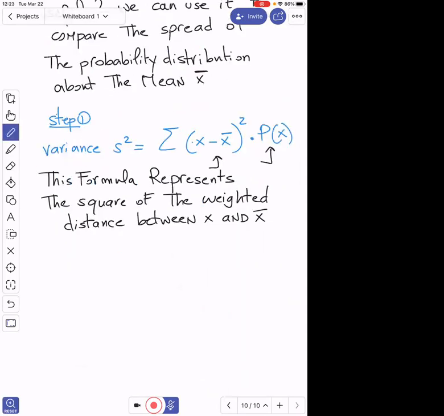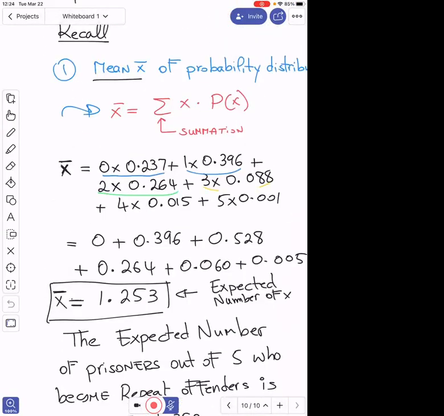So let's do it in this example. S squared would be equal to, so we start with the first possible value of X, which is 0, right?